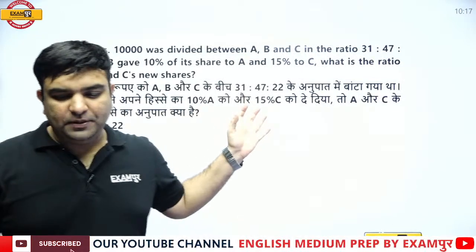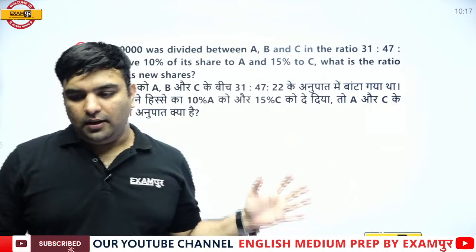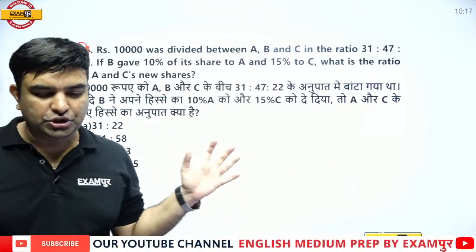If B gives 10% of his share to A and 15% of his share to C, what is the ratio of A and C new shares?